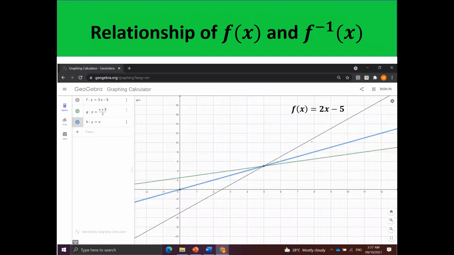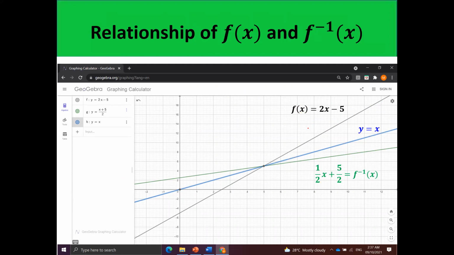Okay, so for example, the gray line here is the function 2x minus 5. The green line here is the inverse function of f, which is 1 half x plus 5 over 2. Now the blue line here is the line y equals x.